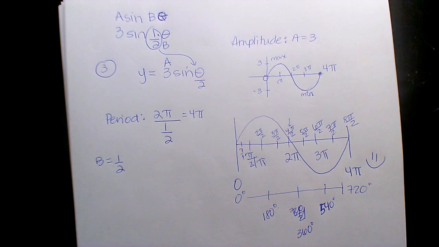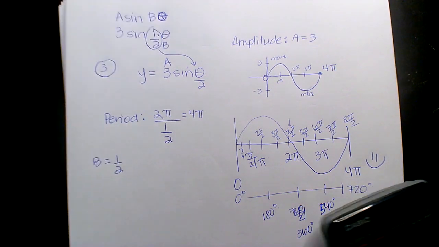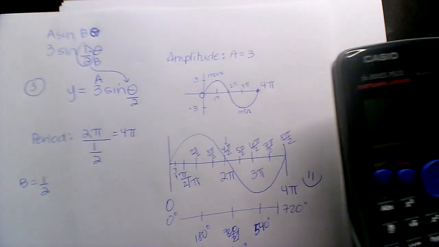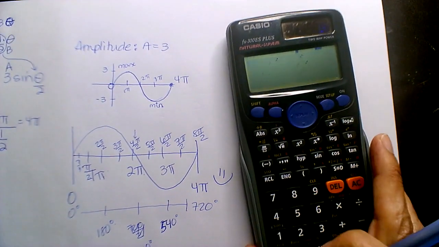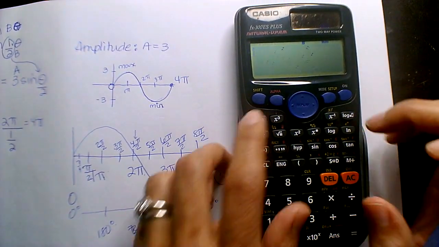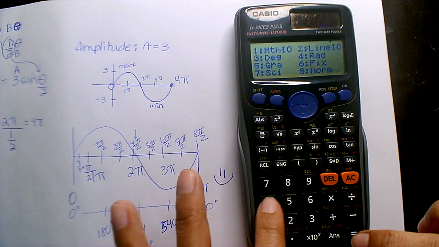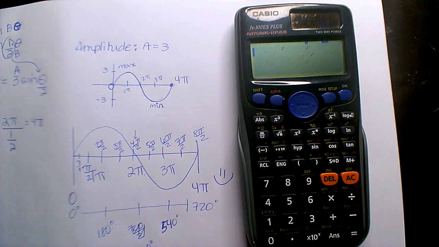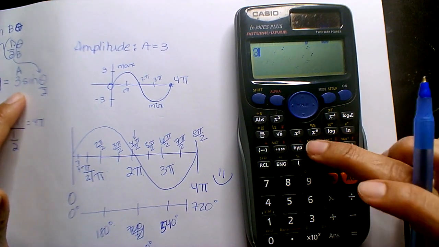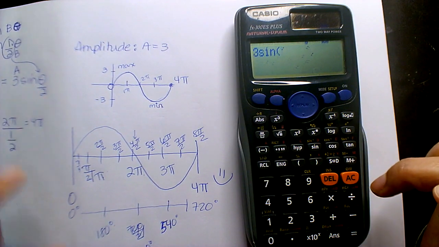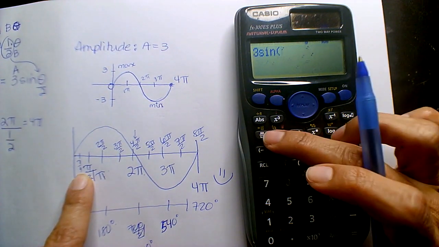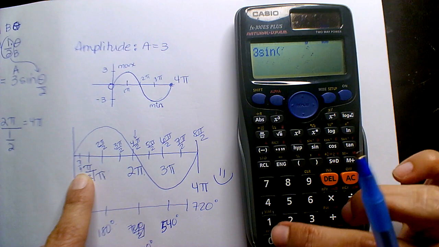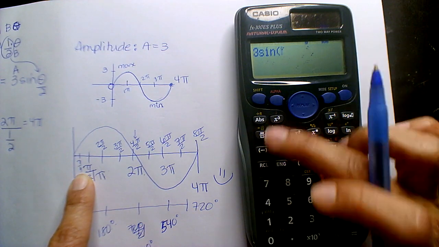And so now, if you want to throw it into the calculator, let me go to radians. Okay, so now if my function is 3 sine theta, and say I want to put in pi over 4, you know what? I'm going to do the 1/2 first.